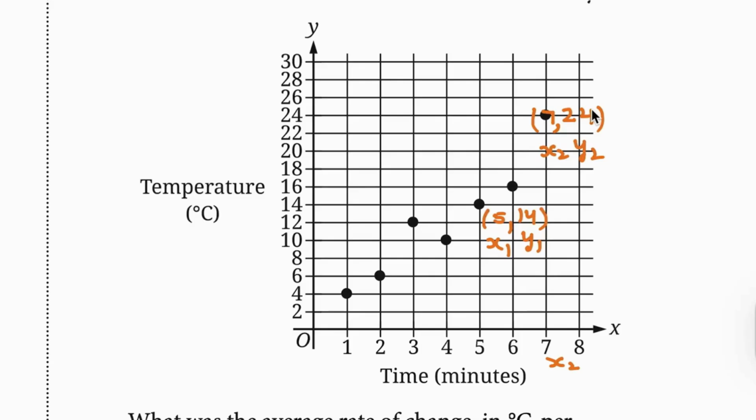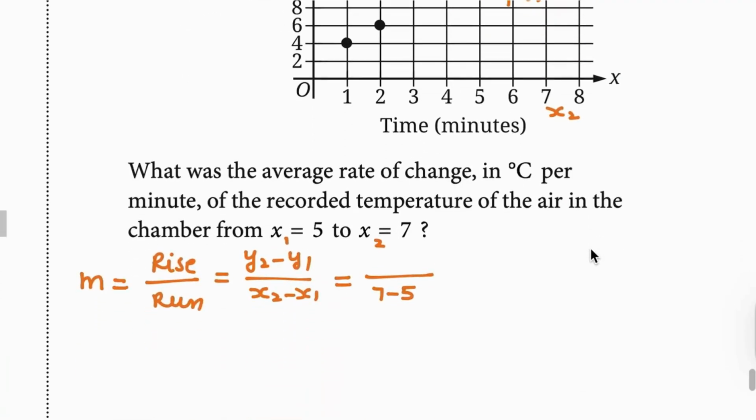So y2 minus y1 is 24 minus 14 over 2, which is 10 over 2, equal to 5. So the average rate of change of temperature is 5. Slope is 5. Rise over run is 5.